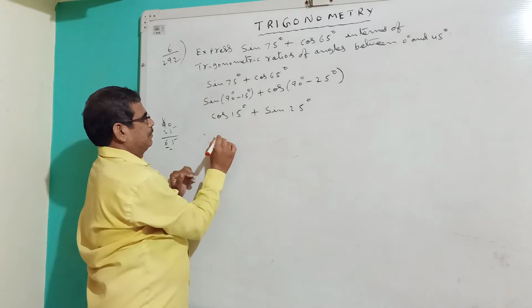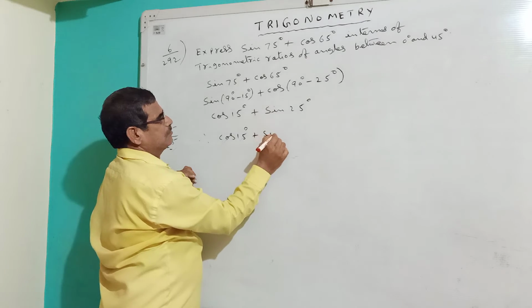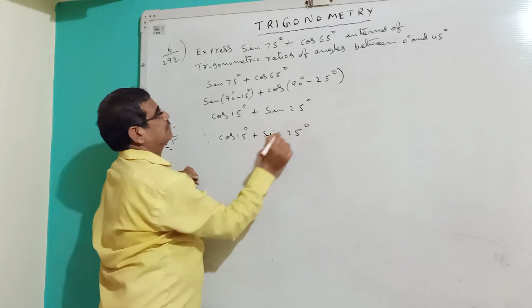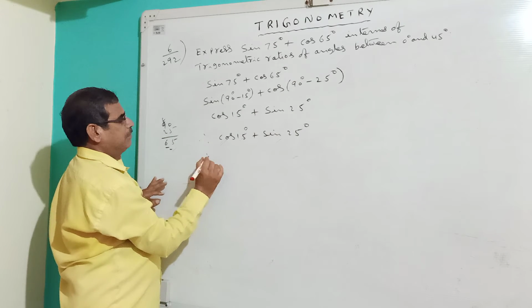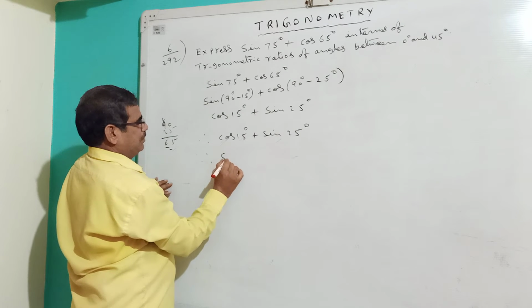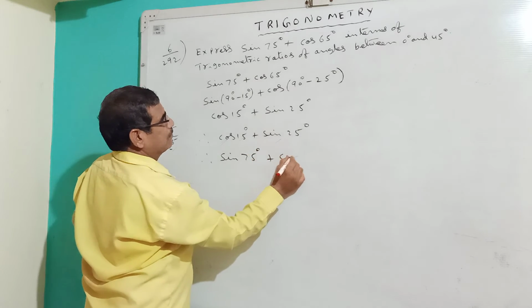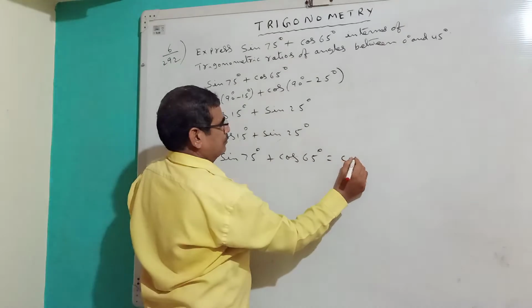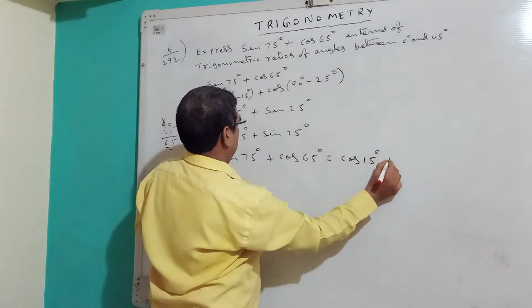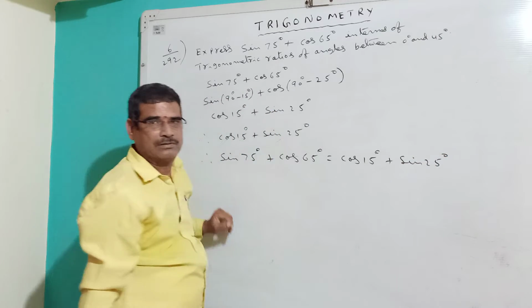Therefore, I converted this one to this one. Therefore, sin 75 degrees plus cos 65 degrees is equal to cos 15 degrees plus sin 25 degrees.